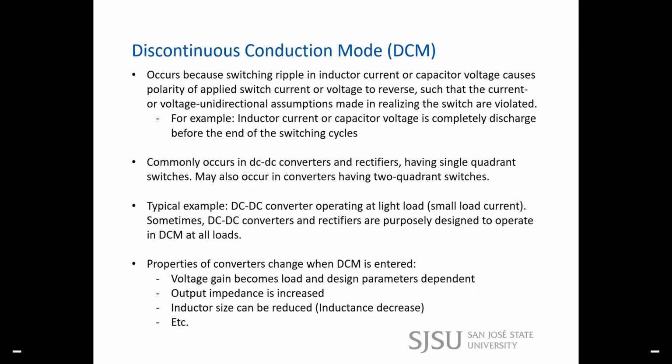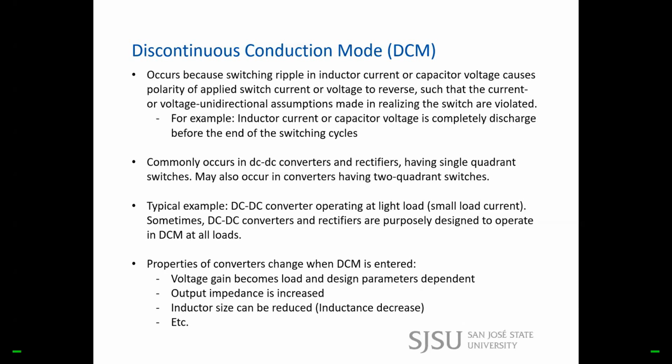So other than voltage mode and current mode, we also have DCM versus CCM. For our project, we are working in DCM, discontinuous conduction mode. Discontinuous conduction mode happens whenever the inductor current reaches zero or the capacitor voltage reaches zero before the end of the switching period.